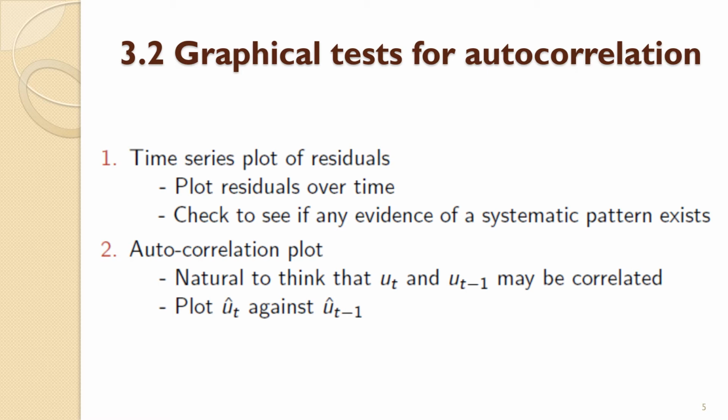So you plot the residuals at time t against the residuals at time t minus 1, and this has the added advantage that you can sometimes see a positive autocorrelation in this plot between successive residuals, so it can be clearer in this sense as to what is actually going on.